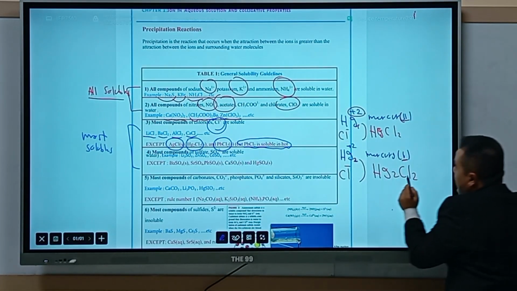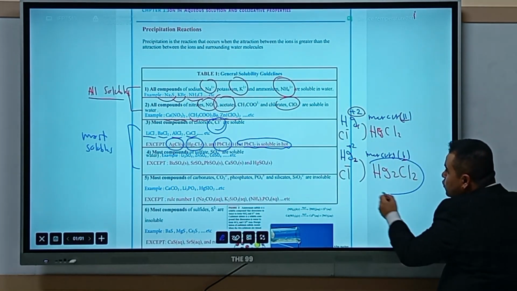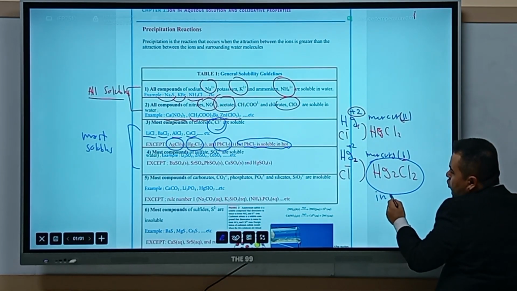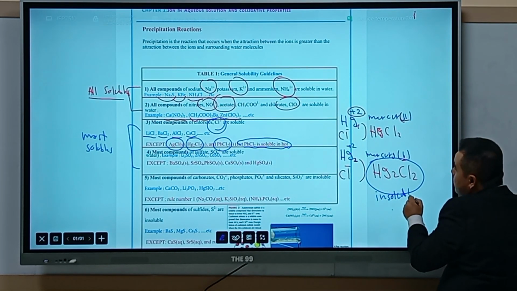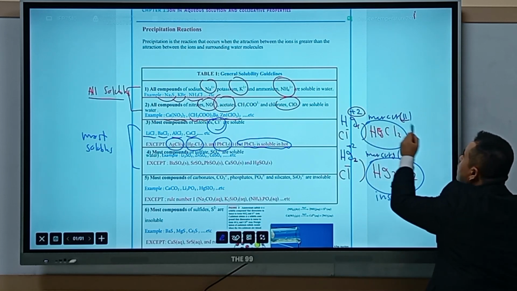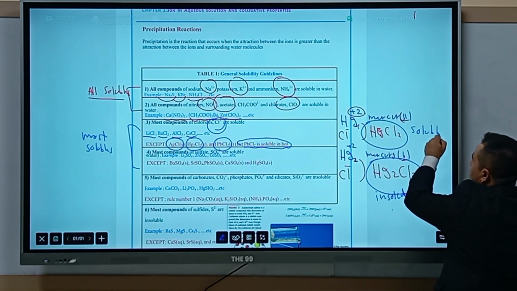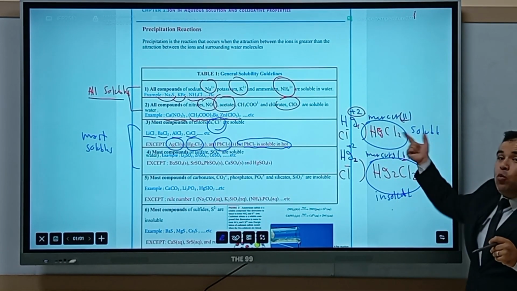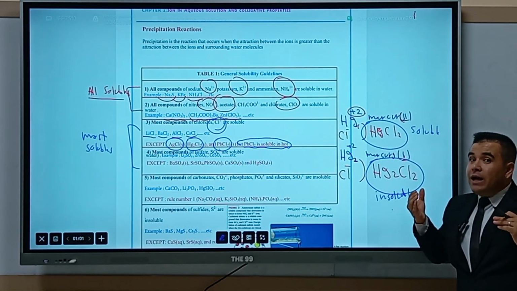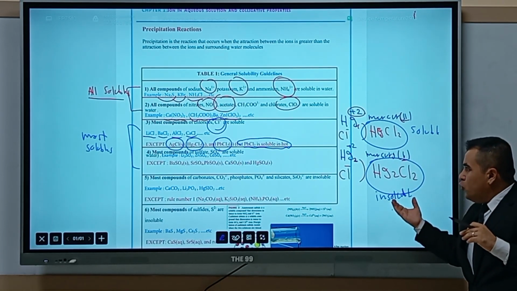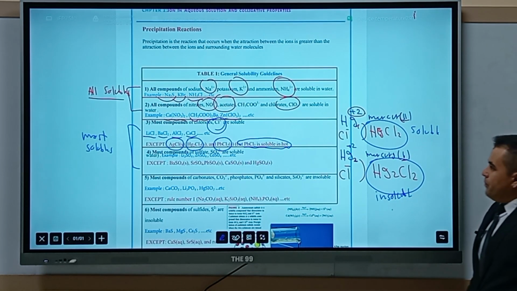The point is that, guys, Ag2Cl2 is insoluble, but AgCl2 is soluble. So mercury 2 with chloride is soluble, but mercury 1 is insoluble.